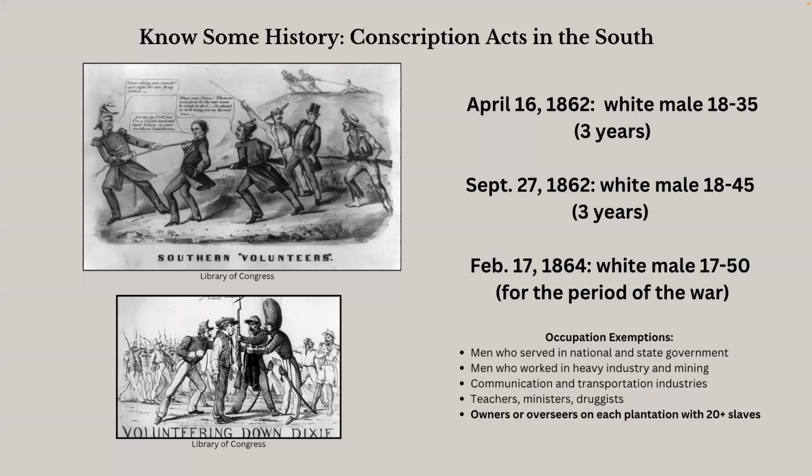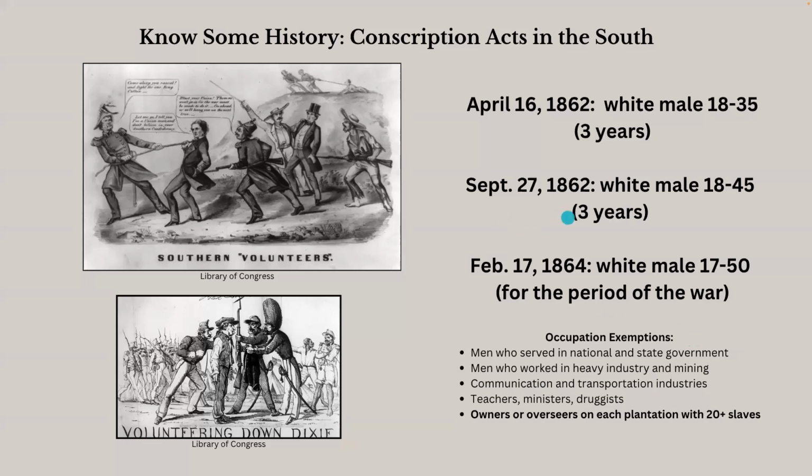And this act also allowed for individuals that were subject to conscription to be able to hire a substitute in their place. So in other words, you could pay someone else to serve in the Confederacy for you, which reinforced the perception that the Civil War was a rich man's war and a poor man's fight. Hiring a substitute was abolished in December of 1863.